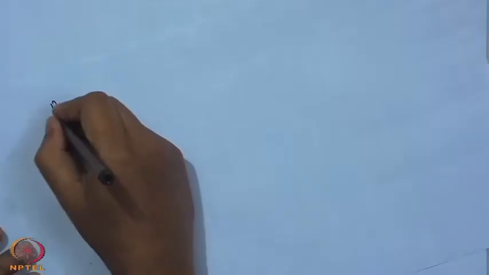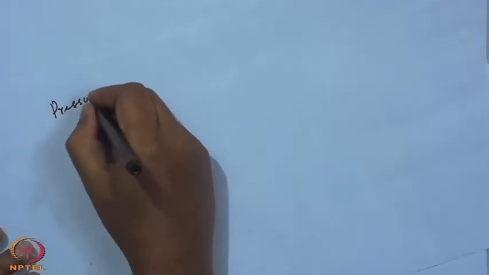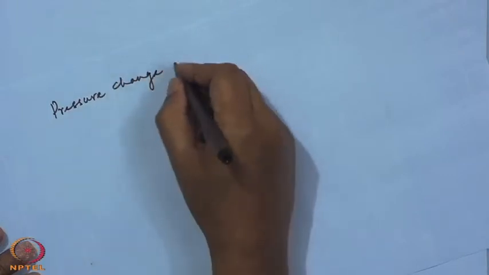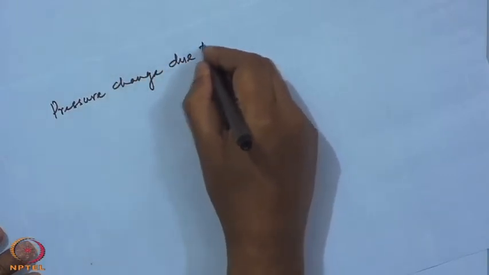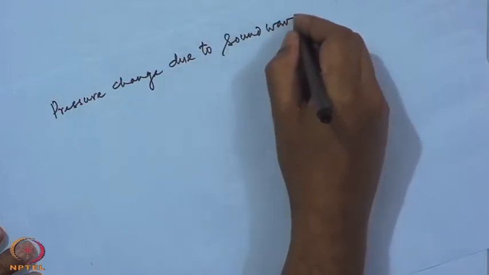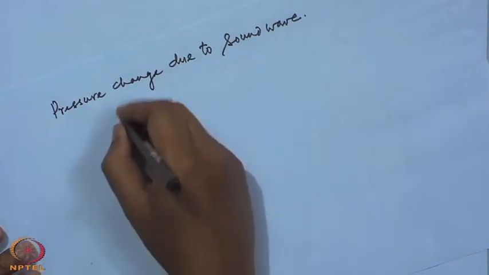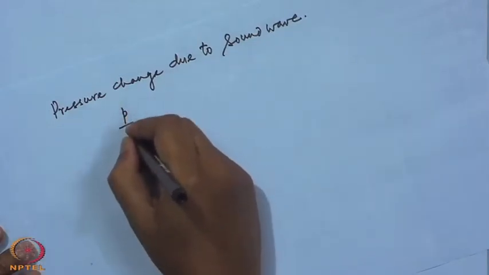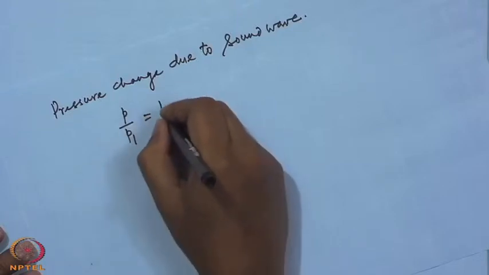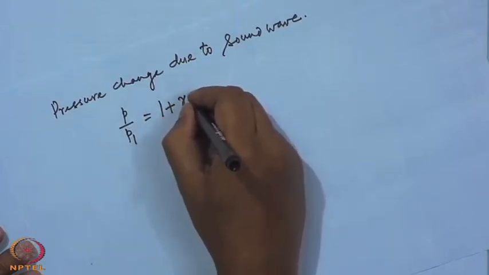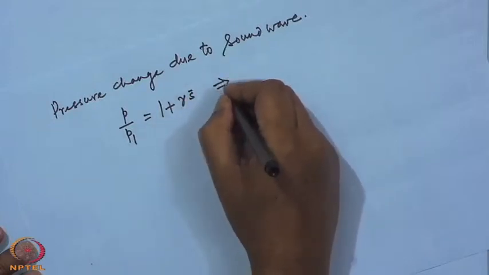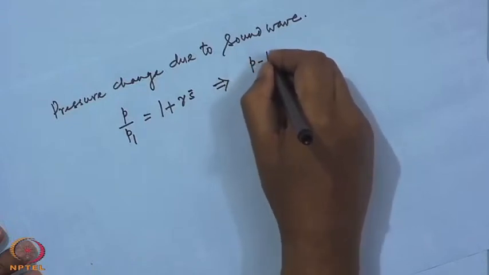Pressure change in a sound wave. We have seen that p by p1, for small disturbance, is 1 plus gamma s bar, which implies the pressure change is gamma p1 s bar.